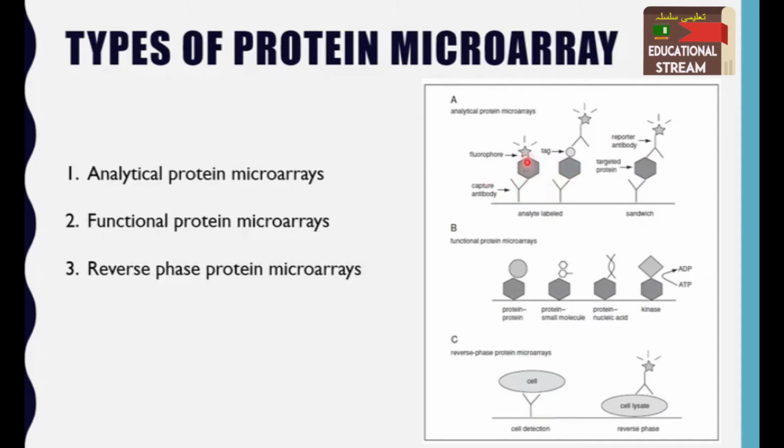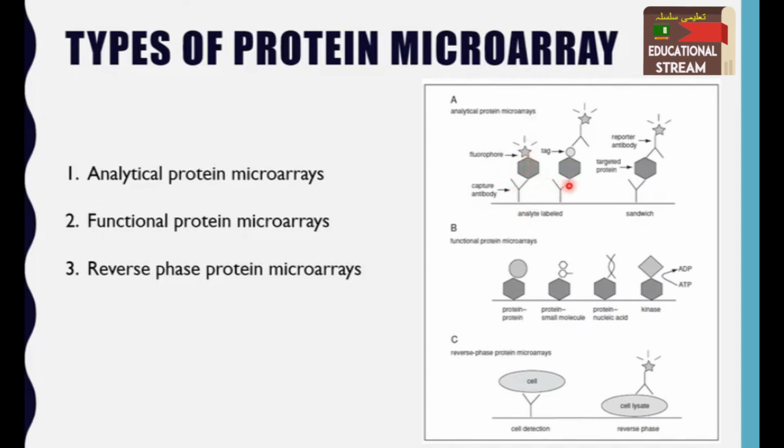In this class of microarray, targeted proteins can be detected either by direct labeling or using a reporter antibody in sandwich assay form. So we can say that analytical microarrays are of two types. We can capture the target protein by direct labeling of the target protein. First we capture the antibody on the glass, then we add the labeled target protein.